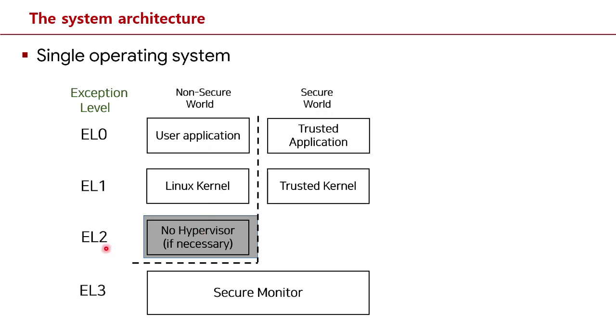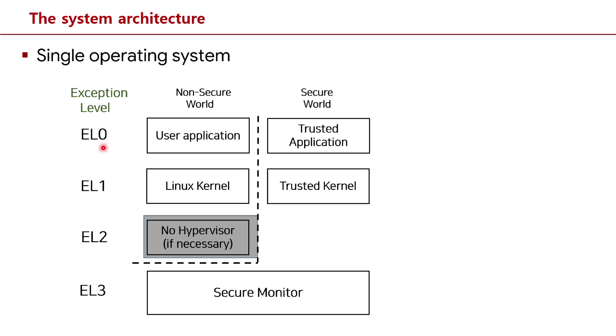But as you can see, in this architecture diagram, there's no hypervisor because implementing a hypervisor is optional. In some projects, your project does not need a hypervisor. Under this requirement, exception level 2 cannot be used.